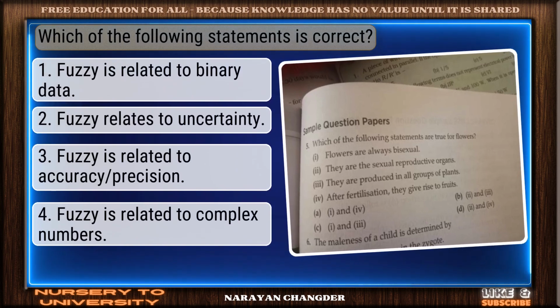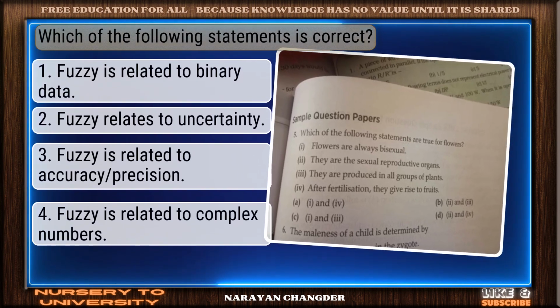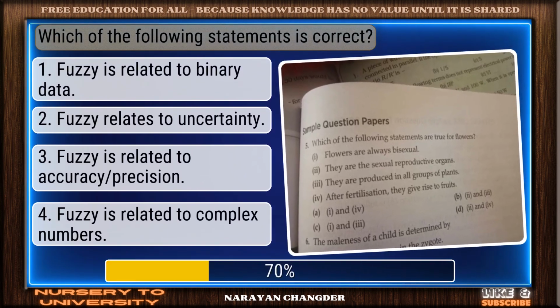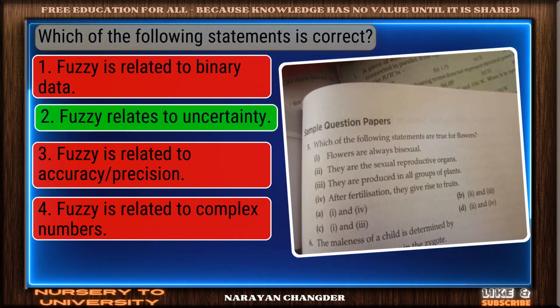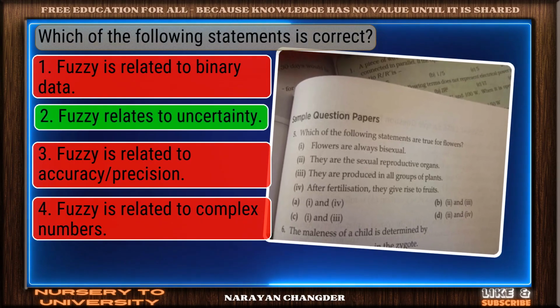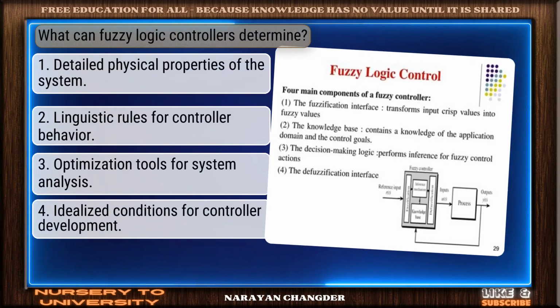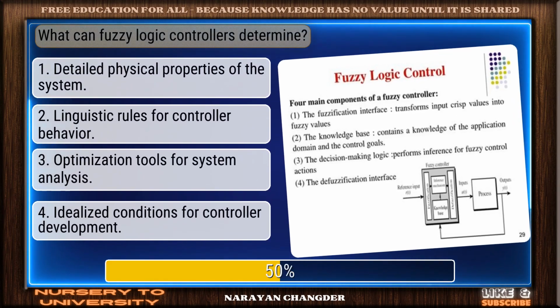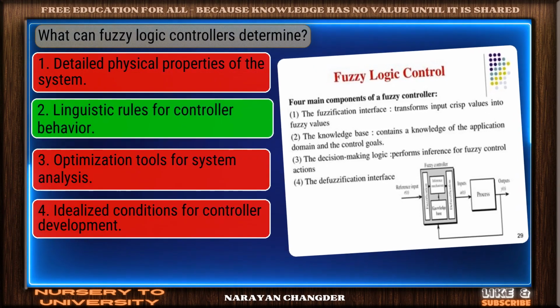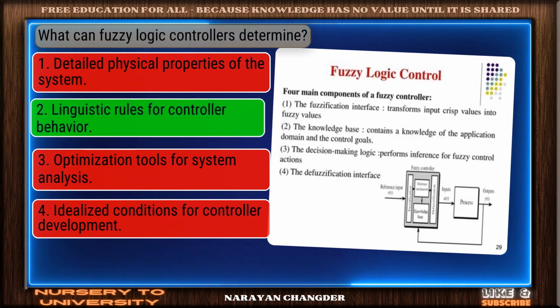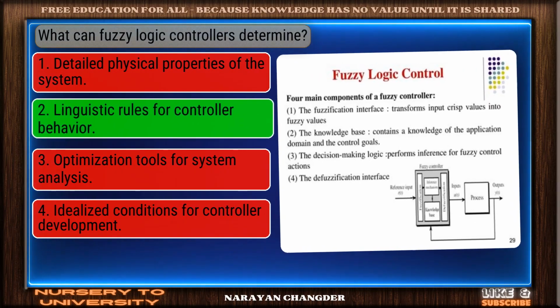Question number 32. Which of the following statements is correct? On track. Fuzzy relates to uncertainty is the correct answer. Question number 33. What can fuzzy logic controllers determine? Well reasoned. Linguistic rules for controller behavior is the correct choice.